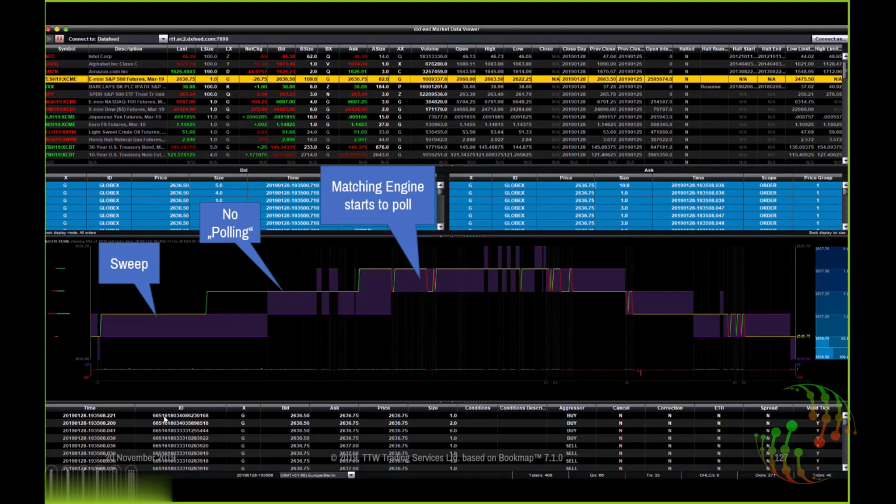But most interesting for myself was that there was a sweep. I caught this sweep here and made a screenshot. You see the price went up without pulling anyone here and here. The matching engine started pulling at this level here. It doesn't matter what price it is, but just to show you, based on this slide, that sweeps are running through the price levels without caring, without asking, do you want to make business with me?